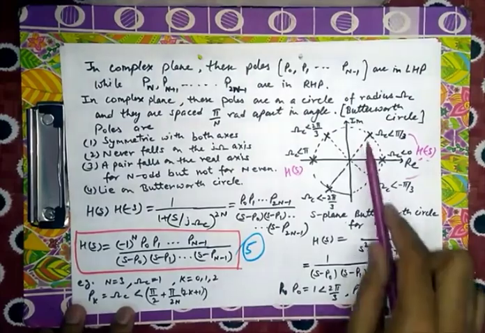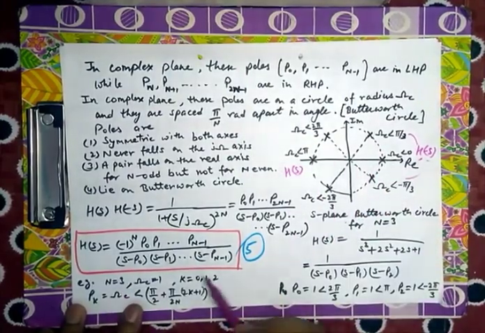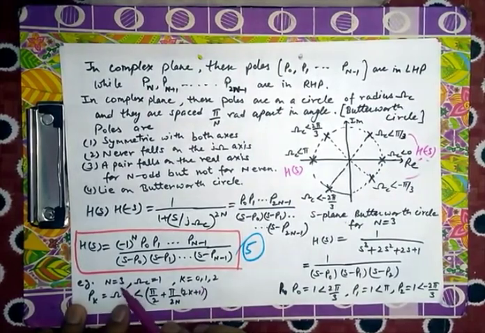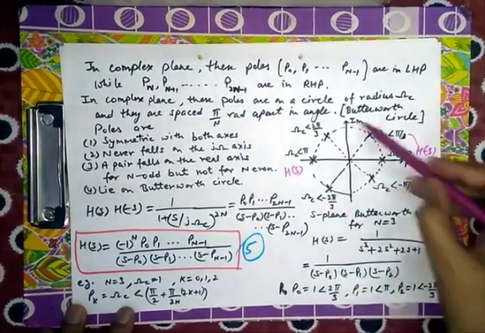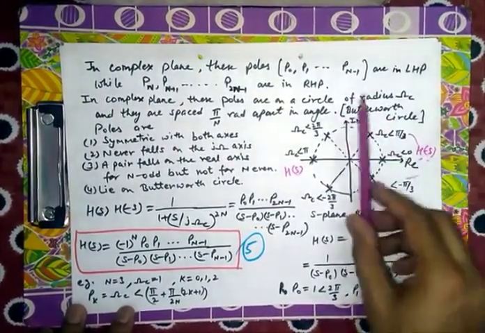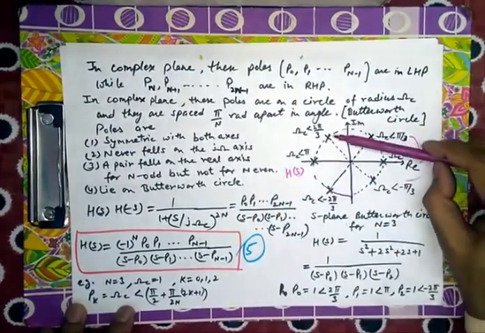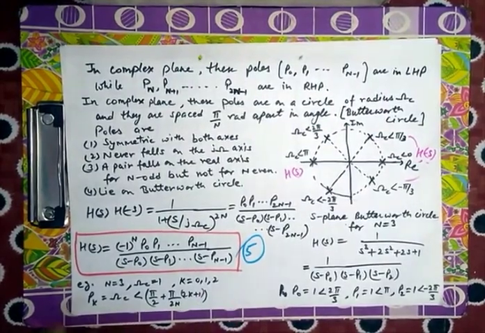If we want to plot the whole circle, then we can take k up to 2n minus 1, that is 3 into 2, 6, minus 1, 5, so 0, 1, 2, 3, 4, 5. So 6 values should be plotted on the Butterworth circle. But obviously we have to take the left half plane, so only values 0, 1, 2 are taken. So k varies from 0 to n minus 1, not 2n minus 1.